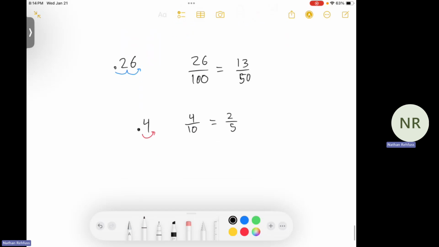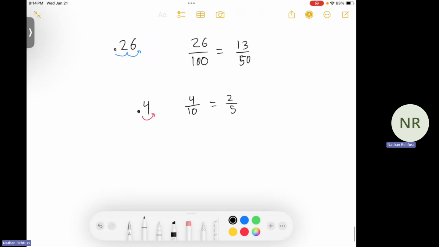If I had 0.16, I would say that that's 16/100, and 16 is 4 times 4, which is 2 times 2 times 2 times 2. 100 is 10 times 10, which is 2 times 5 times 2 times 5.